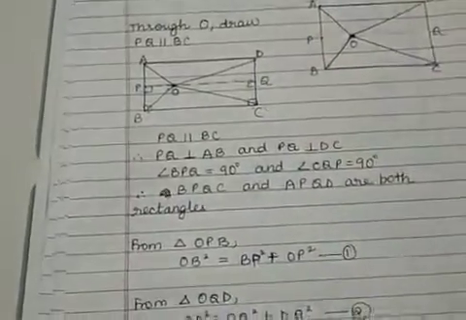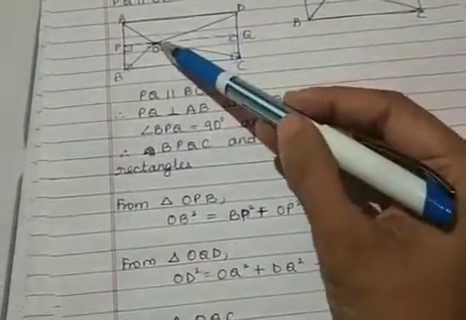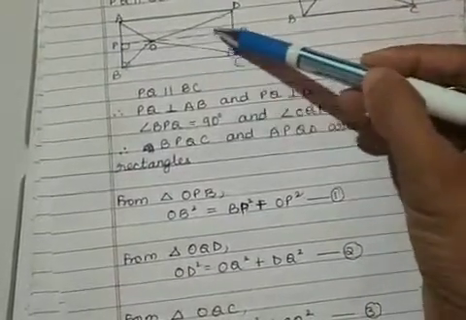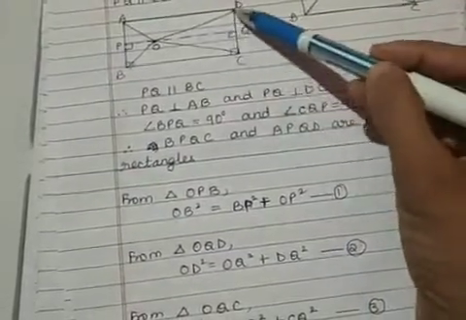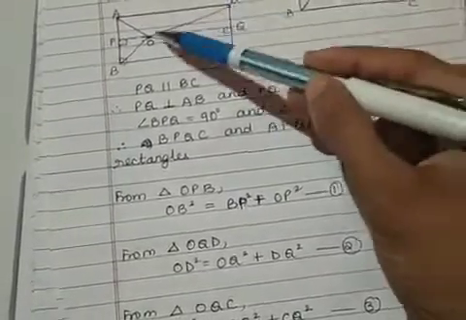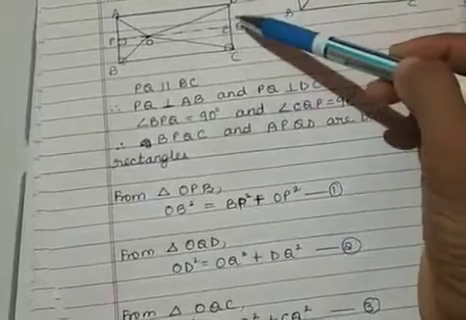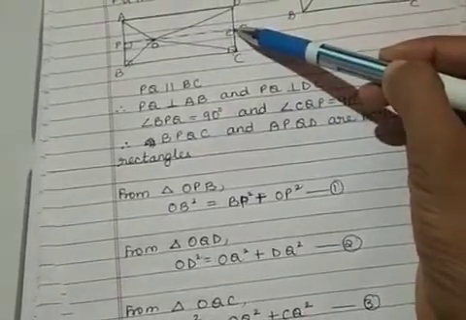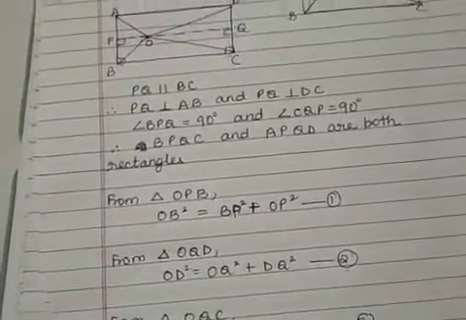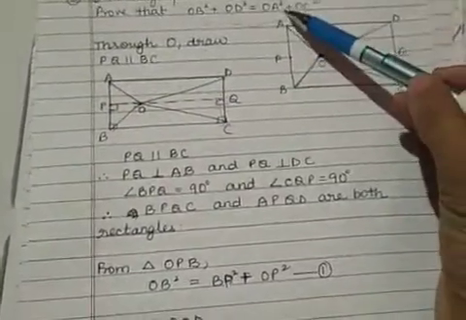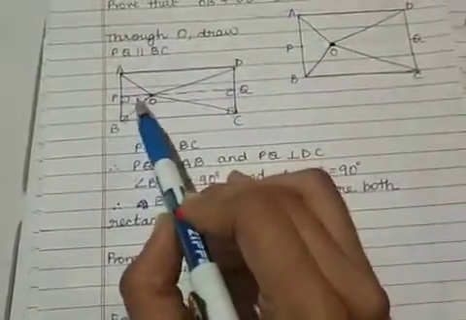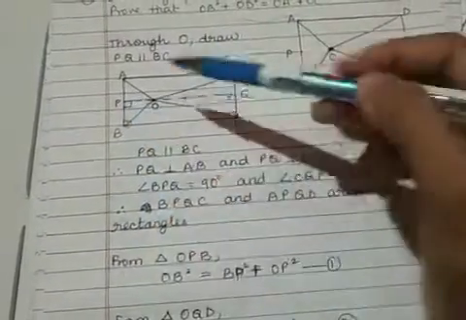Next, you need OD square. So from where will you get OD square? OD square will be obtained from this triangle, right? So in triangle OQD, okay, we have OD square is equal to OQ square plus DQ square. So this is equation 2. Okay. Now you need OA square. OA is this. So which triangle you have to take?